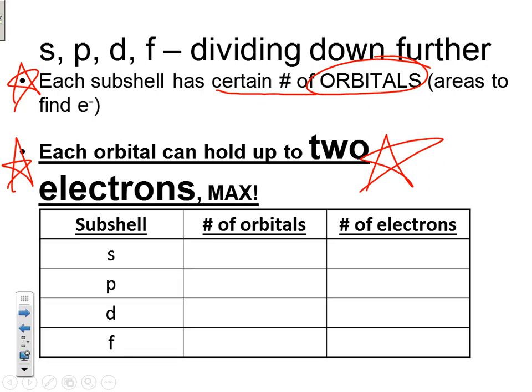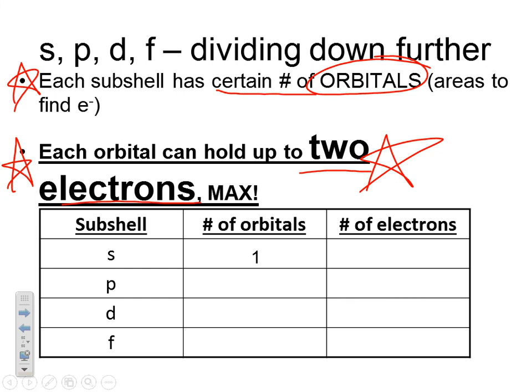So, our subshells, S, P, D, and F. We're going to start with S because that's our lowest energy one. The S subshell can only hold 1 orbital. Now remember, each orbital can hold up to 2 electrons.